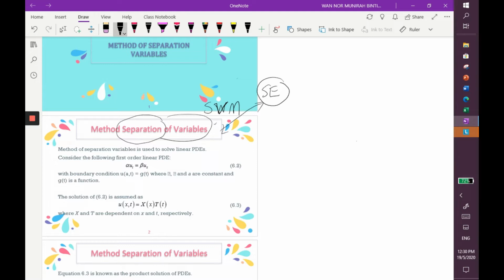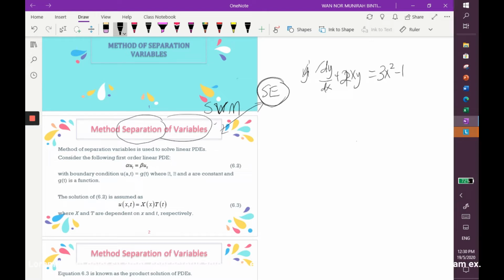But the difference is, in our separable equation in chapter 1, you are given something like y prime, which is dy dx, plus 2xy equals 3x squared minus 1.